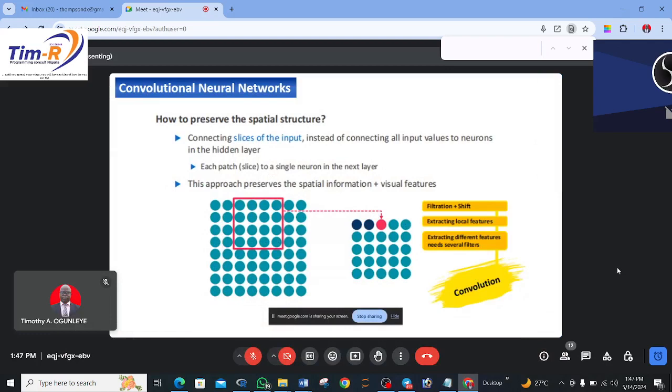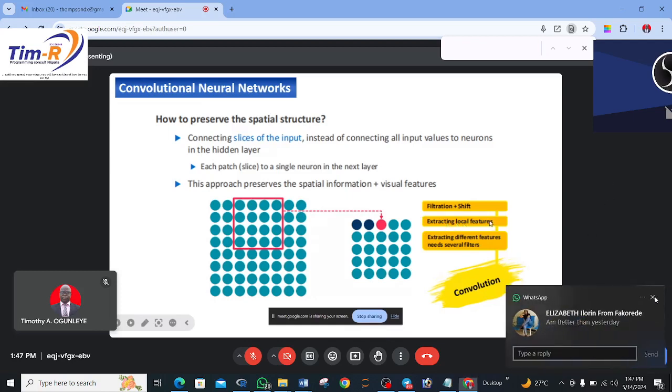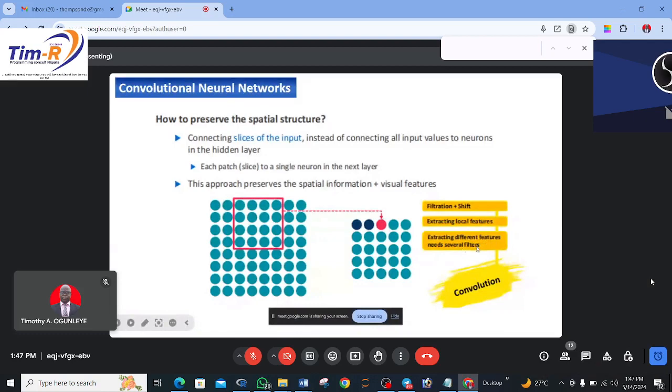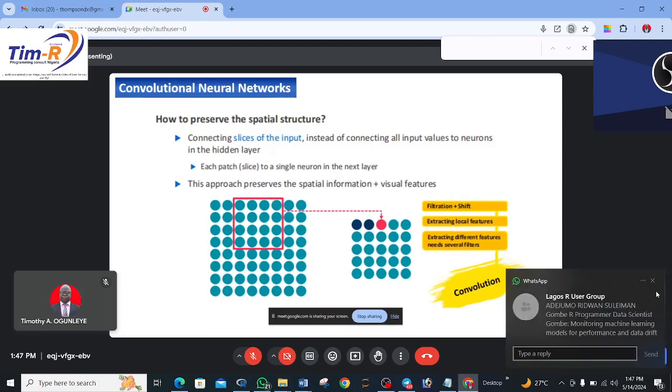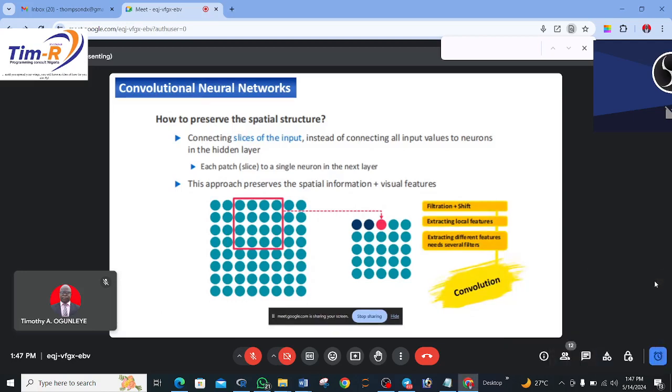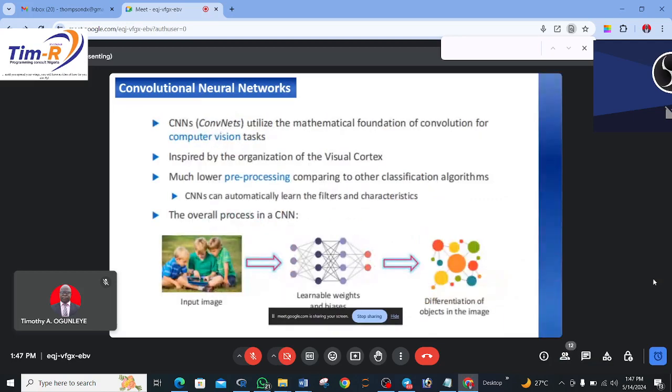Now, we have what they call filtration plus shift, extracting local features. Extracting different features needs several filters, and that's what convolution is all about. We need convolution so that we can keep the spatial structure of the features we are trying to extract.